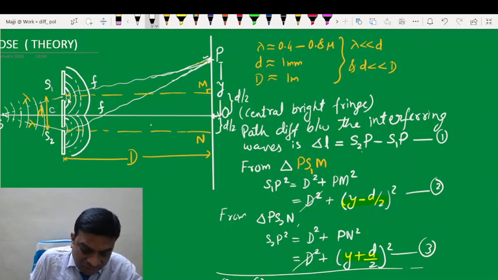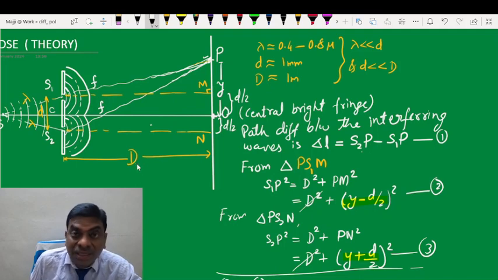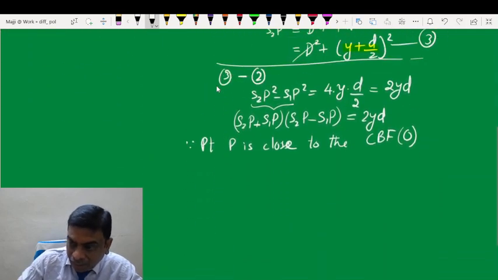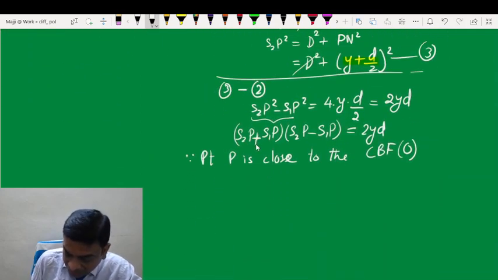So needless to say that S1P will be more or less same as S2P, which in turn will be more or less equal to capital D, for the simple reason that point P lies close to point O.